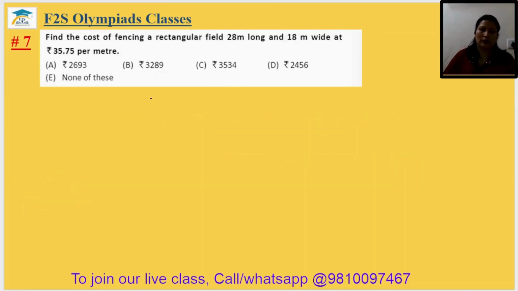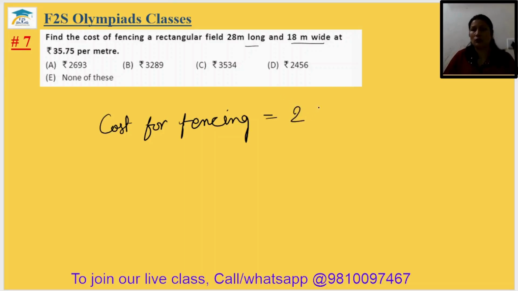Come to question number 7. Find the cost of fencing a rectangular field this meter long, this meter wide at the price of this per meter. So the cost for fencing will be equal to the perimeter of the rectangle multiplied by cost per meter. So the perimeter of the rectangle will be 2 into 28 plus 18.